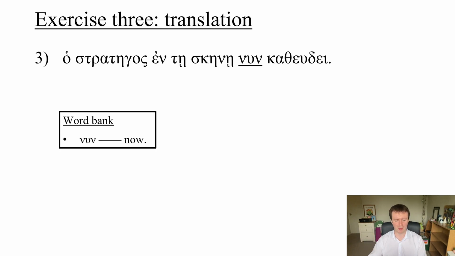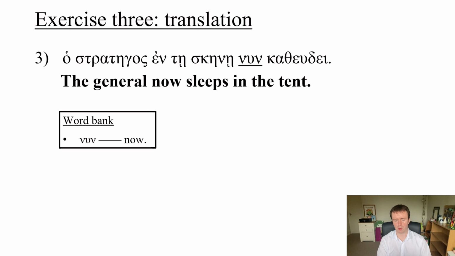Let's go on to number 3 now. Number 3 is ho stratēgos en tēi skēnēi nun katheudei. You should have translated this one as the general now sleeps in the tent, or the general now sleeps in the hut, or the general is now sleeping in the hut or in the tent. Or on the stage. You could have said on the stage, but I think in the tent or in the hut is more probable.